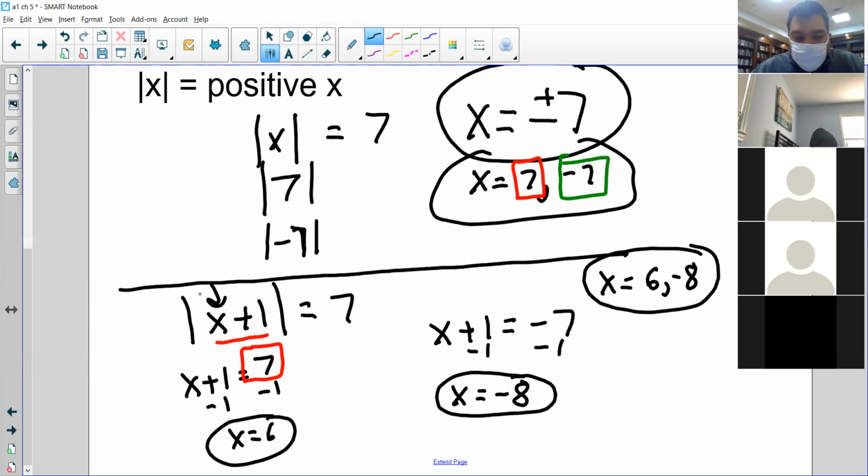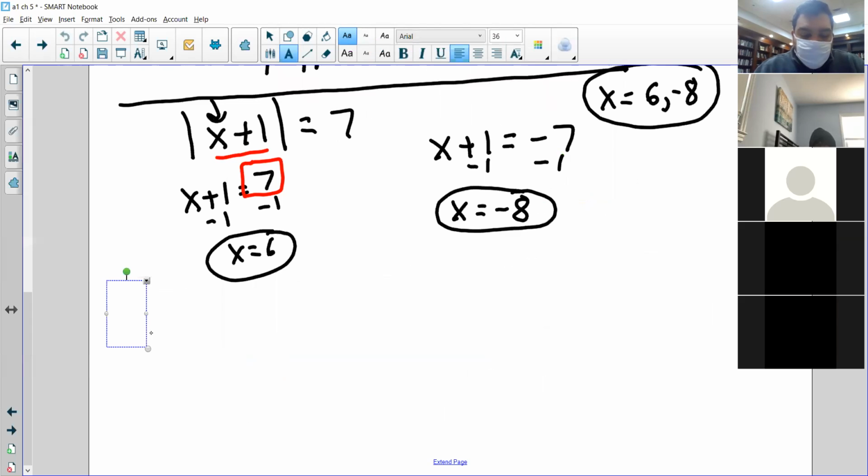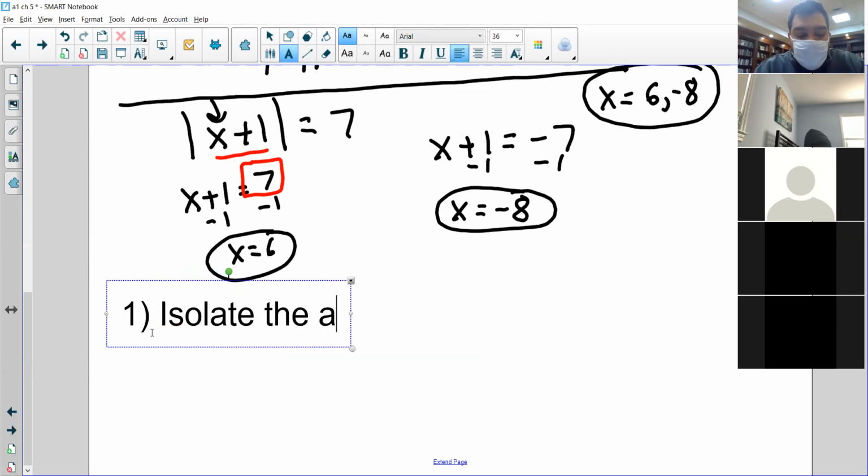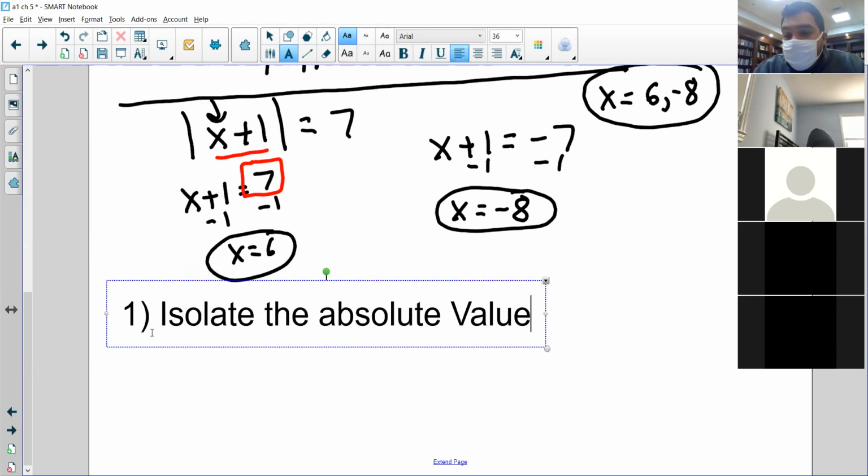No problem. So the steps, if I were to make this into steps: 1, isolate the absolute value. In this case, the absolute value is isolated already.